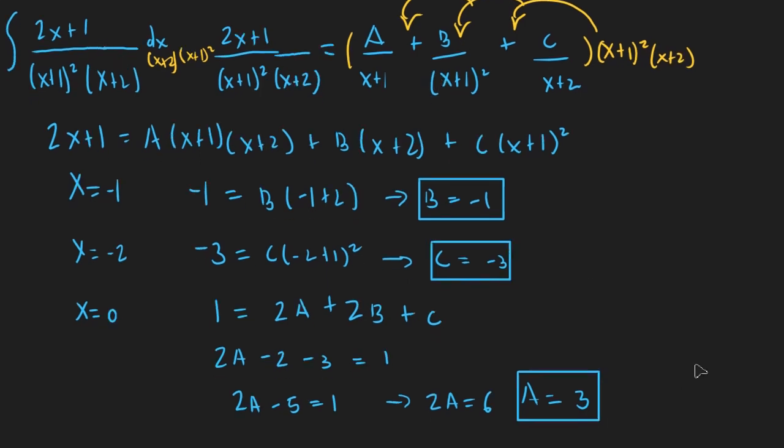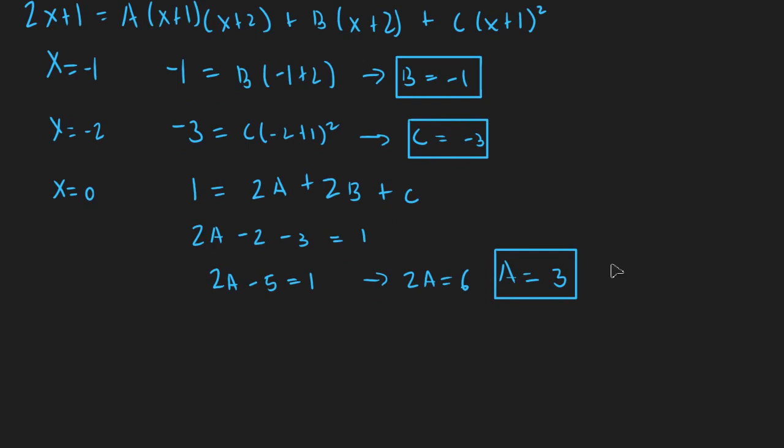We know that this is going to be the integral of 3 divided by x plus 1, plus b, which was minus 1, over (x plus 1) to the second power, and then minus 3 over x plus 2, with respect to x.